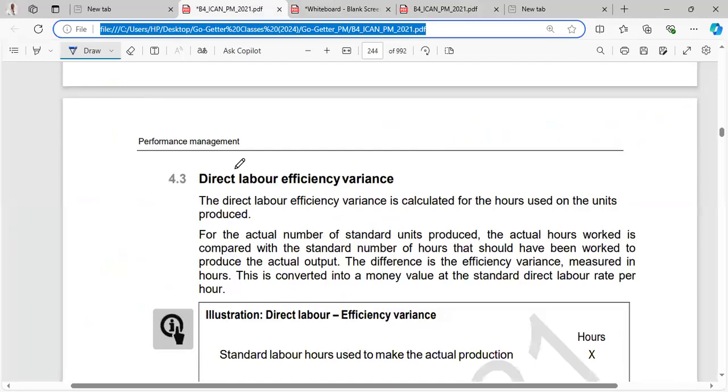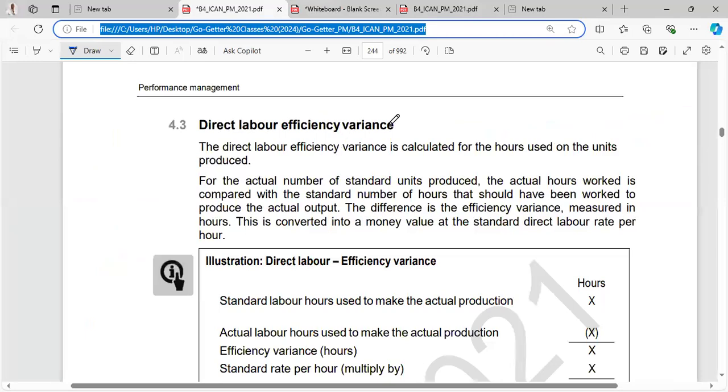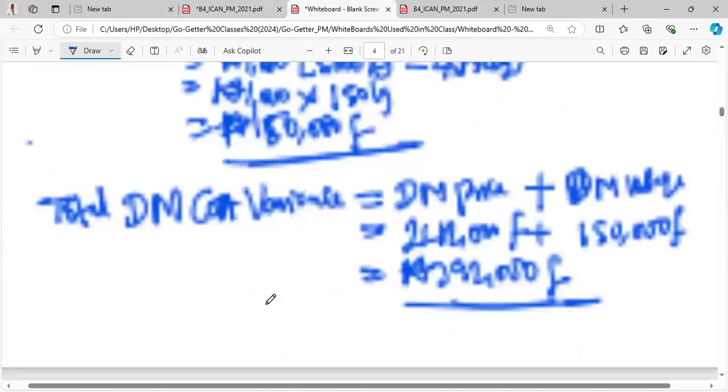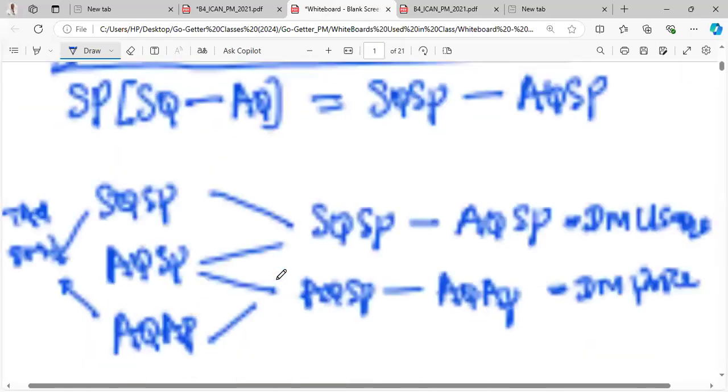So now let's look at labor efficiency variance. Now, efficiency variance is the same thing. We are going to use that of usage variance to do efficiency variance. So let's look at this scenario back again.